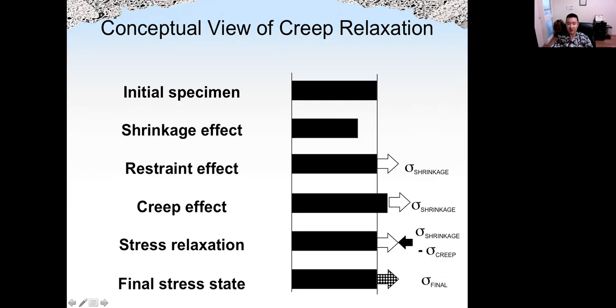So the final stress state will be affected by shrinkage stress plus the creep effect. And the creep effect will cause the stress level to be relaxed a little bit, which is a good thing, because that will reduce the final stress level.